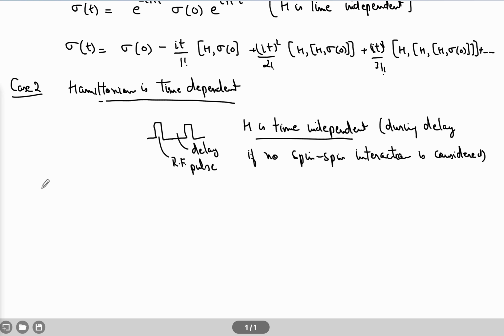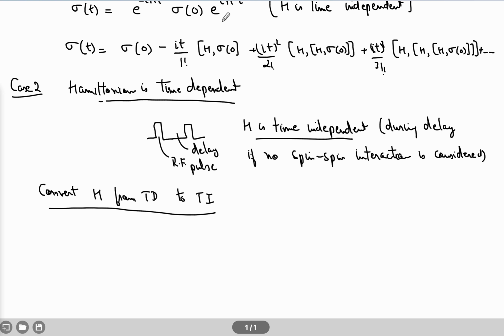Let us say that we can convert the Hamiltonian using some trick from time dependent to time independent. If by some mathematical trick we are able to convert the Hamiltonian from time dependent to time independent, we should be able to apply the same solution to the Liouville-von Neumann equation, right? So how do you convert the Hamiltonian from time dependent to time independent? That is the question now.